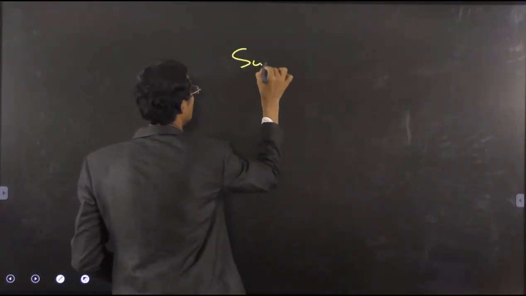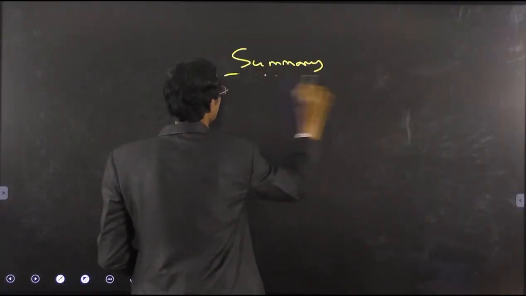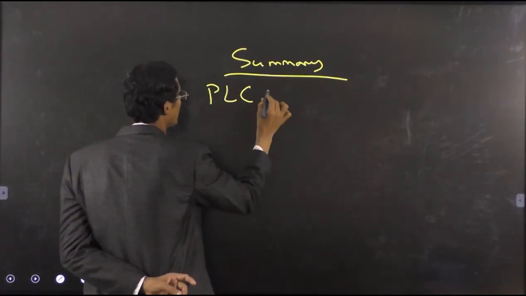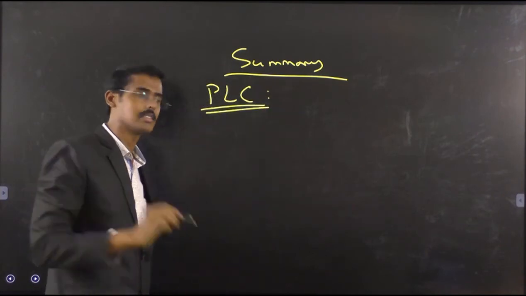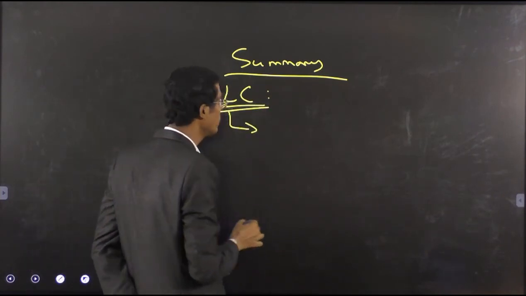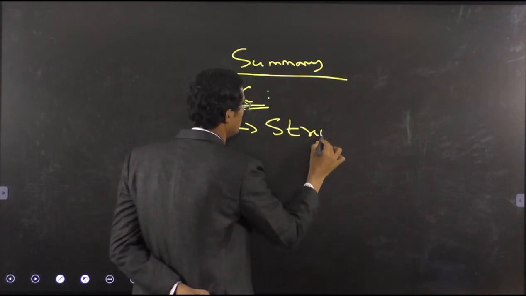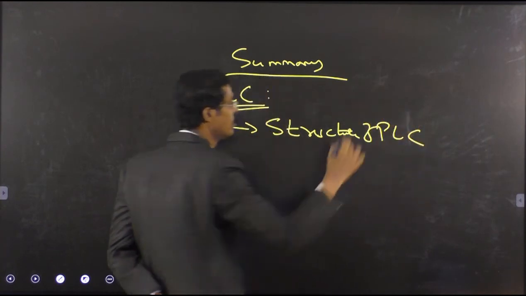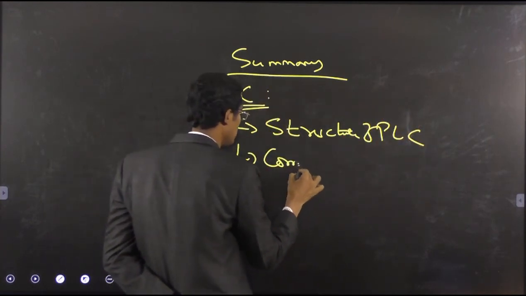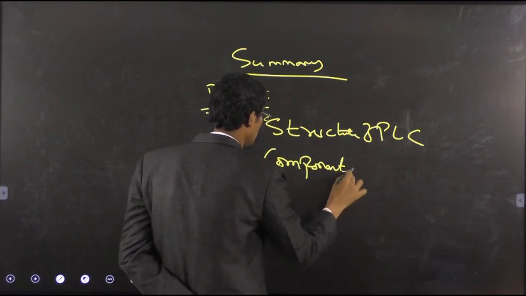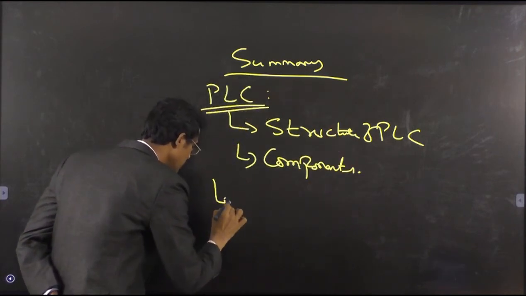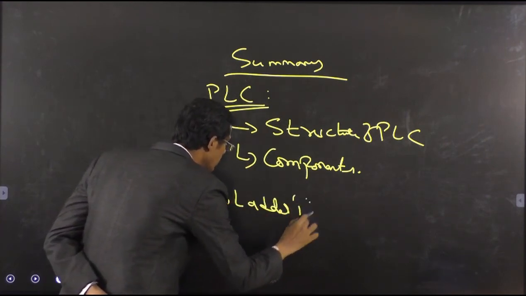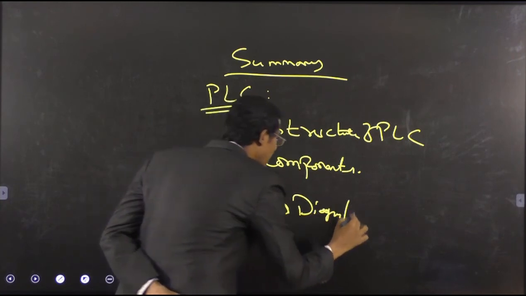The summary. In today's class we have talked about the PLC, programmable logic controllers, and we have seen in this PLC we have talked about the structure of PLC, and then the various components, and then we have entered into the various ladder diagrams, like programming.